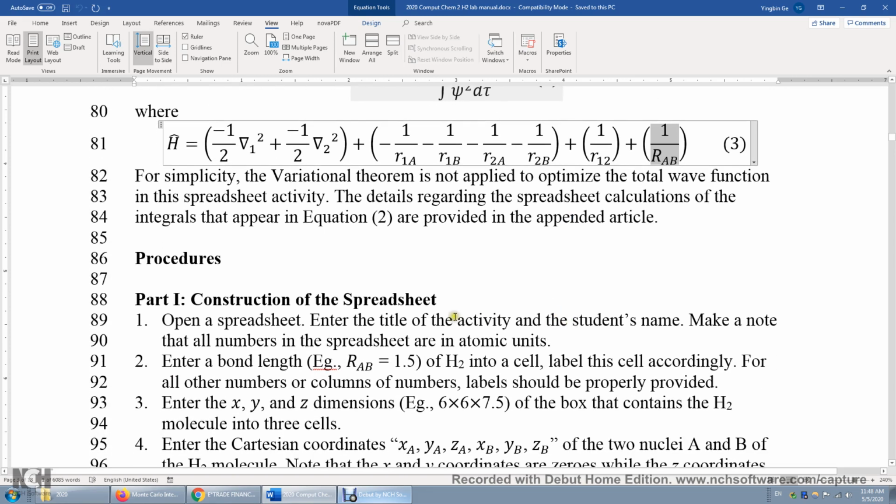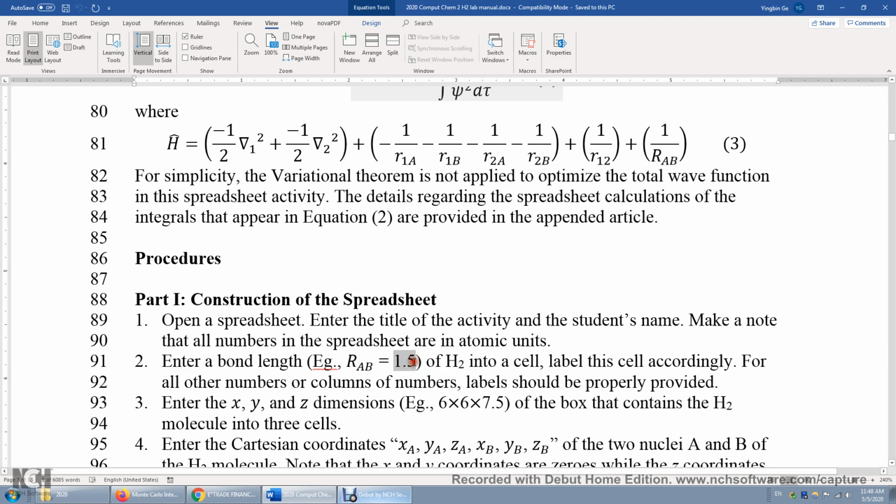Now, for this lab, you need to use the Excel spreadsheet, follow the steps here. We will place the 2 hydrogen nuclei at positions so that they are just 1.5 atomic units away from each other.